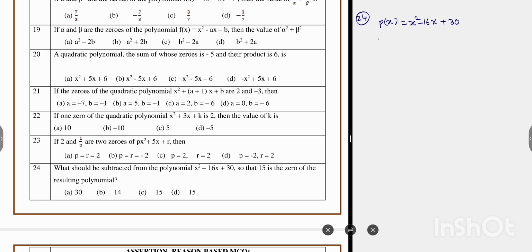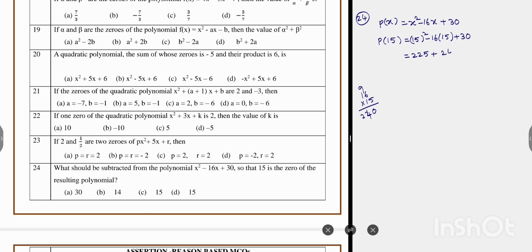So let us find out how much P of 15 is. P of 15 is equal to 15 square minus 16 into 15 plus 30. 15 square is 225, and 16 into 15 is 240.